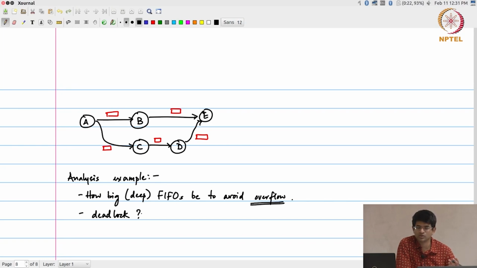In general, the answer to the question of is a Kahn process network ever going to deadlock, is the FIFO going to overflow, there it may be possible to construct certain things in which you can't really answer that easily, right? But by putting some additional constraints on it, you can actually answer those questions. There are problems with that, which is that the moment you start putting those additional constraints so that you can then answer the questions, is the FIFO ever going to overflow, will it ever deadlock, that also reduces the computational power of the system, right?